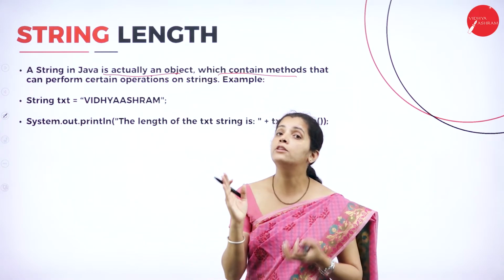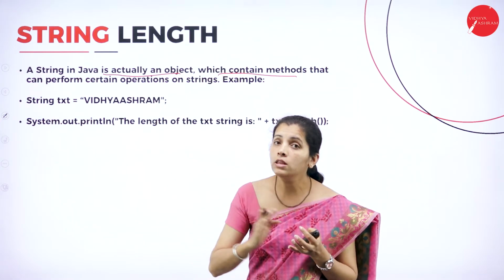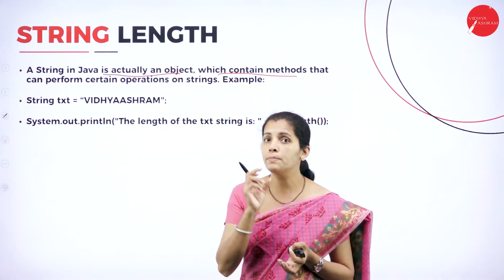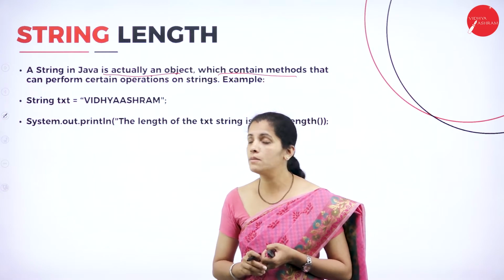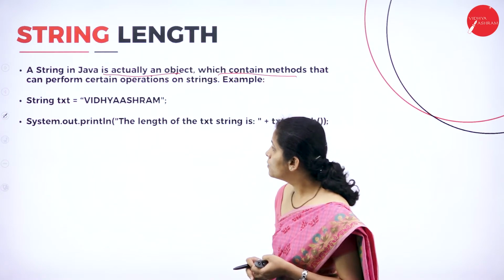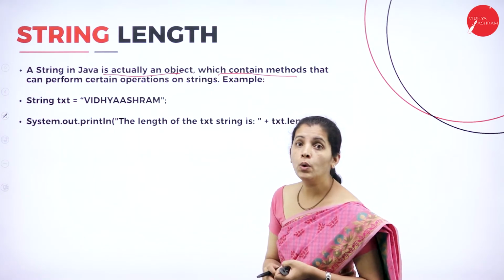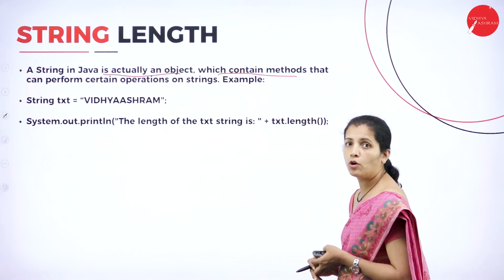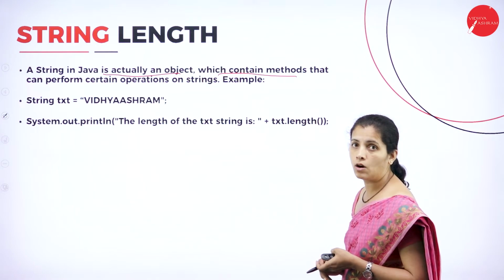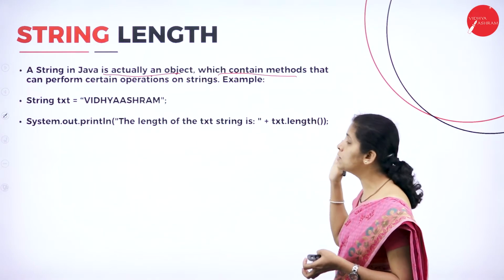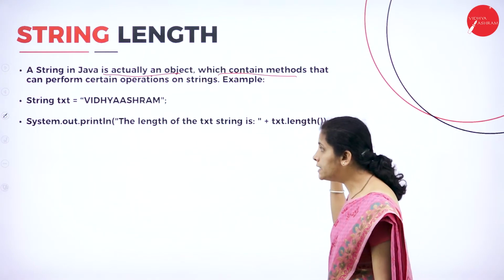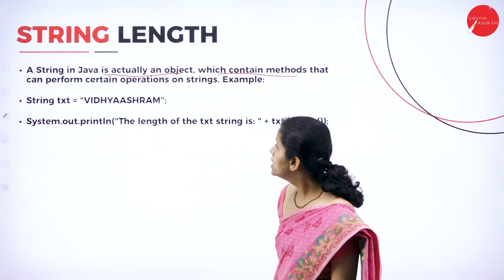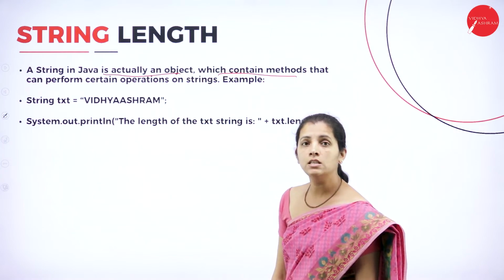Strings are nothing but objects, and all the strings support some methods, and these methods are used to perform some operations. Now, suppose I want to get the length of the string, then I'm going to have the method called length. With the help of length, I can retrieve the length of a given string.